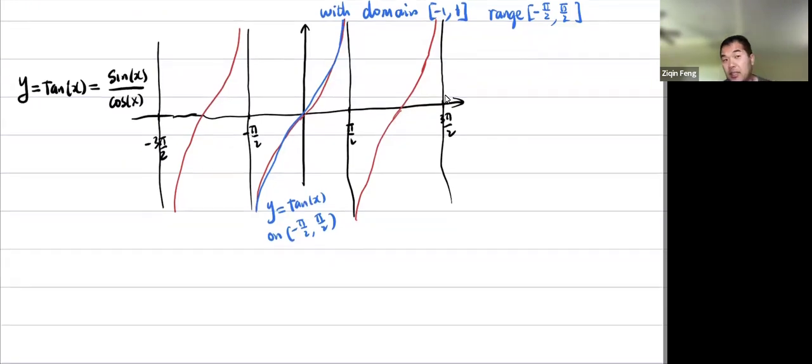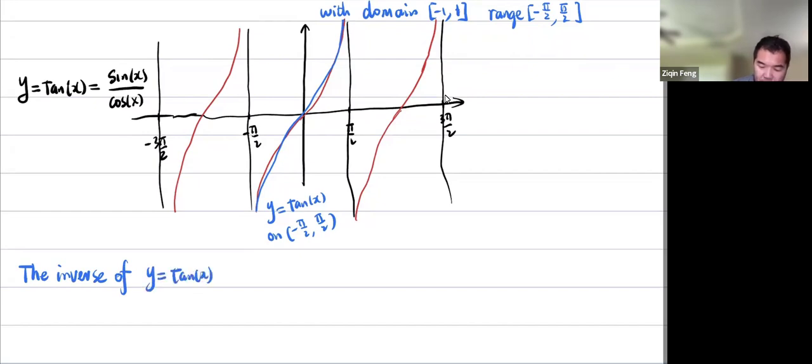We denote the inverse by arctangent of x. The inverse of y equal to tangent of x on the interval from -pi/2 to pi/2 is y equal to arctangent of x.